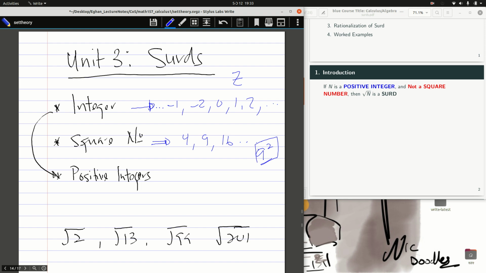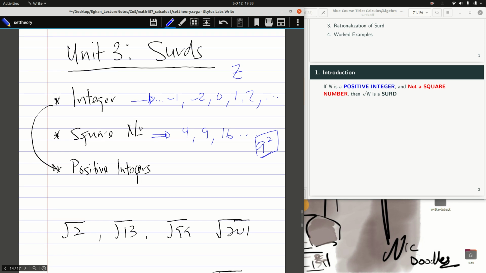Okay. But then the peculiar thing is a positive integer. It means that we want them as counting. So 0, 1, 2, 3, and so on and so forth. These are the positive integers. I think sometimes we want to even ignore the 0 and start from 1. Yeah.